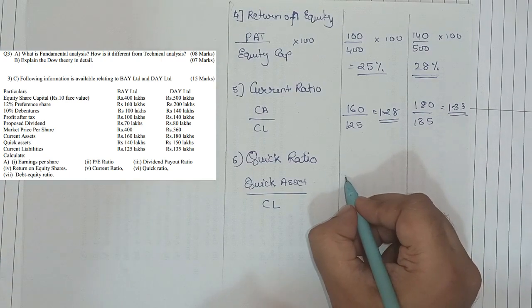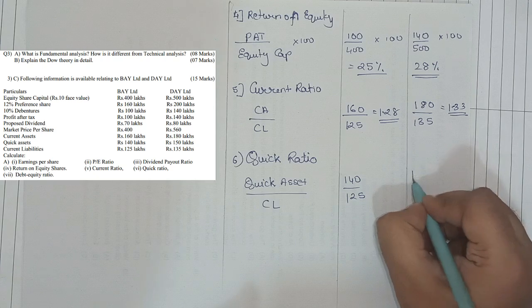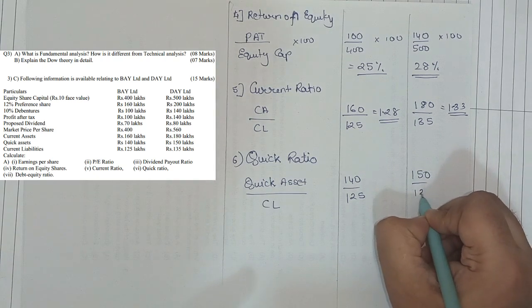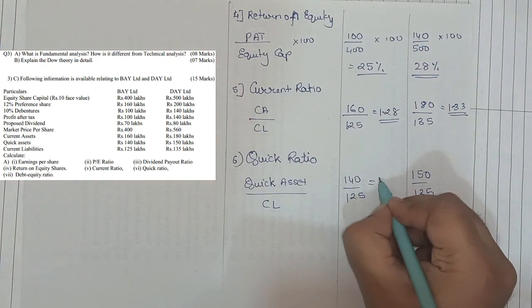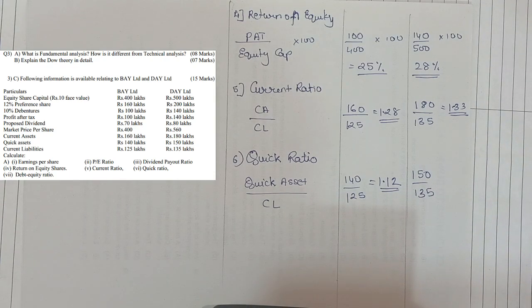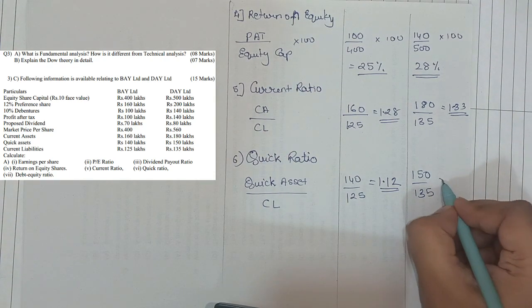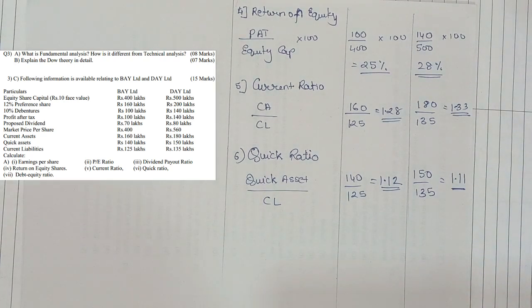Quick ratio is quick asset, that is 140 upon 125 and 150 upon 135. So 140 divided by 125 is 1.12, and here 150 divided by 135 is 1.11.